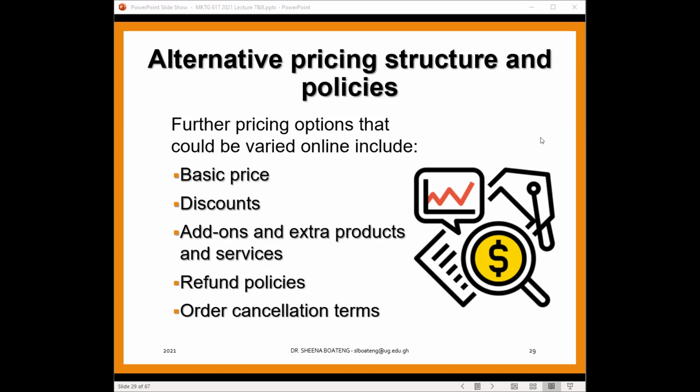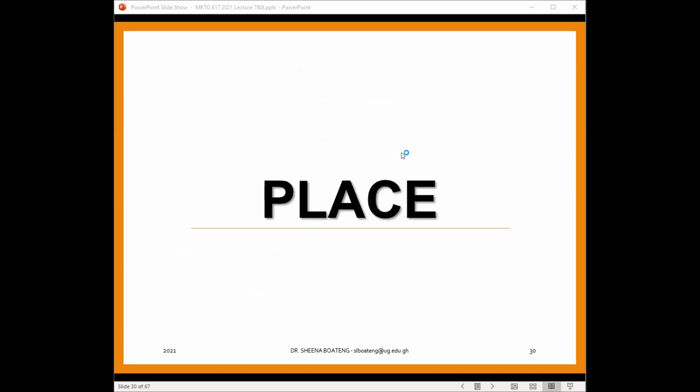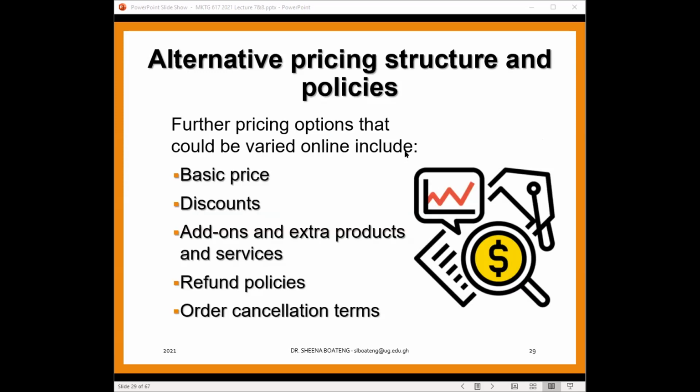So the terms may be more flexible when you are buying online, given that you do not have the additional benefits that someone buying physically offline has, to be able to properly and fully assess the item you are purchasing at the price at which you are purchasing it. And that is it for alternative pricing structure and policies, which brings us to the end of the pricing element.